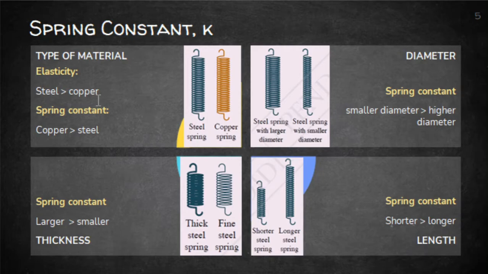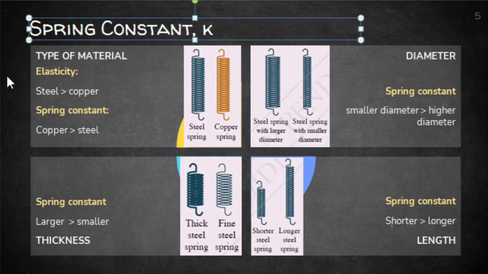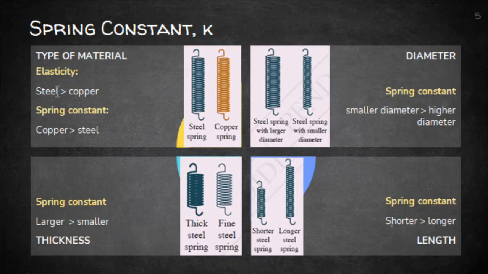For the spring which has higher spring constant, such as copper, they need more force in order to extend it to a larger extension. Compared to the steel, steel is more elastic, thus steel needs less force in order to stretch it.